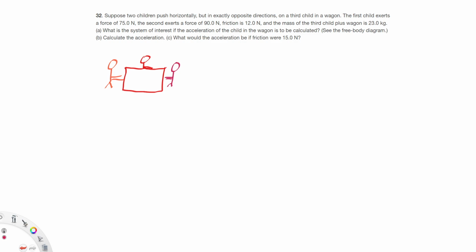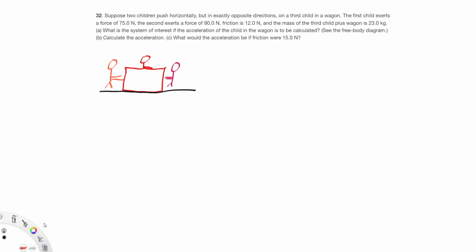Matthew Keys says opposite to the motion. That's right. So friction will push against whatever direction an object is moving. But the other thing to keep in mind is friction is something that happens between a surface and an object. So if our surface is down here, this black line, friction can only be parallel to the surface. So it can't point up, it can't point down, it can only point along the surface.